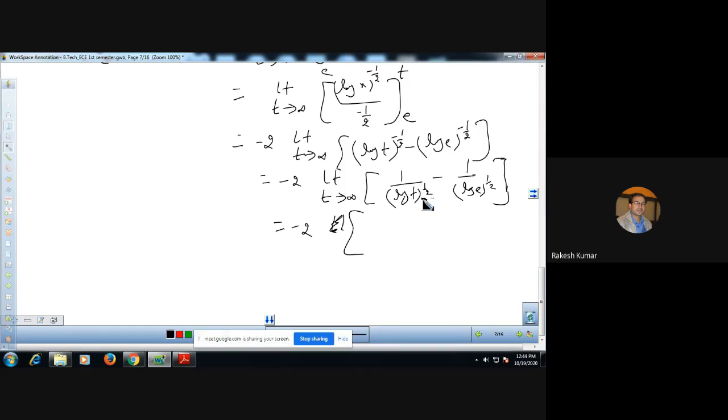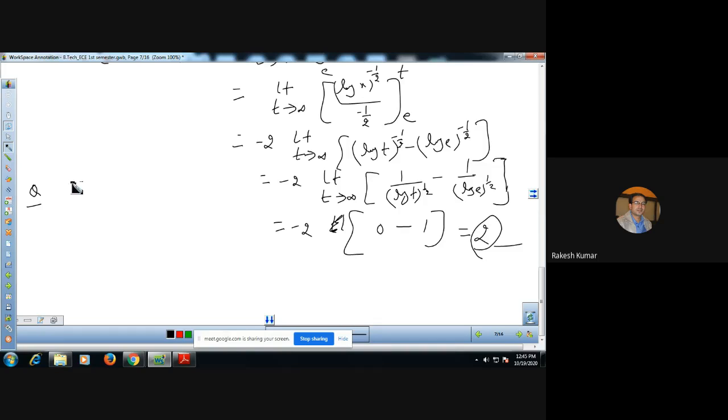Put t approaches infinity, log of infinity is infinity, and 1 over infinity is 0, and this is log e. Log e is always 1, so this is minus 1. Ultimately, minus and minus will be plus. So this is the definite value of the limit, and it is a finite quantity. So this is the procedure by which we can solve and find out the value of a definite improper integral.